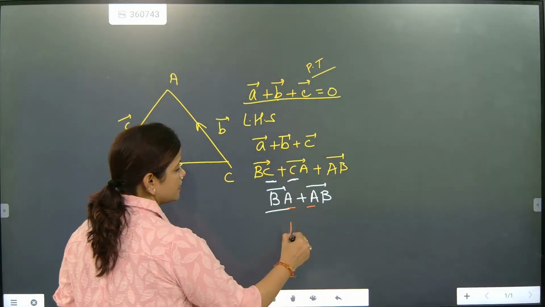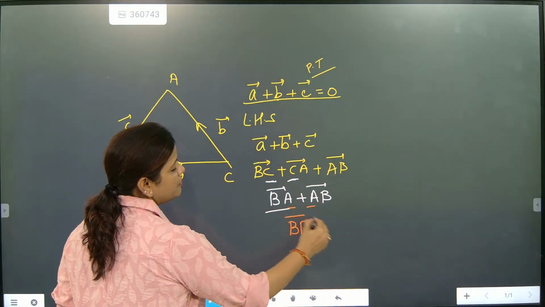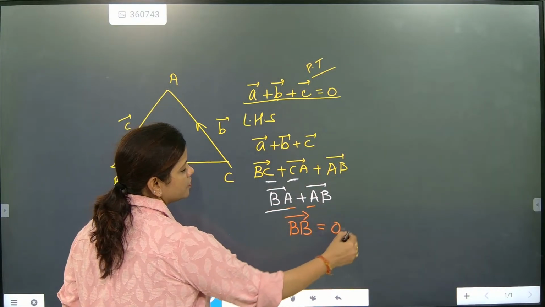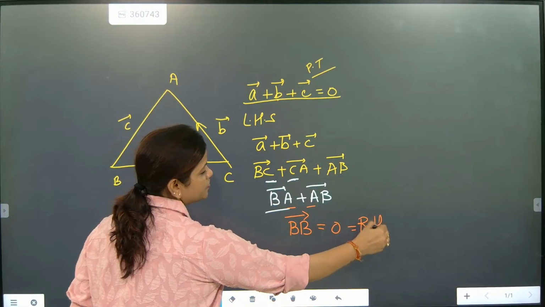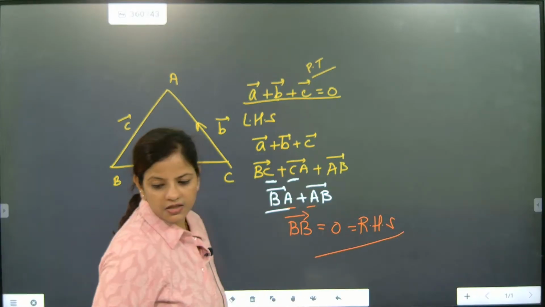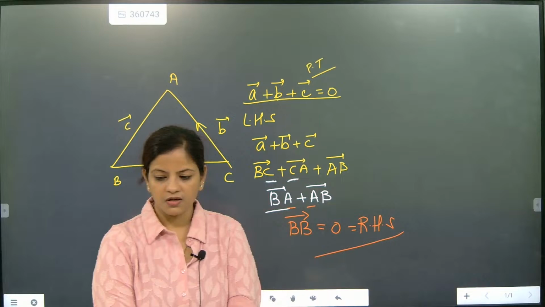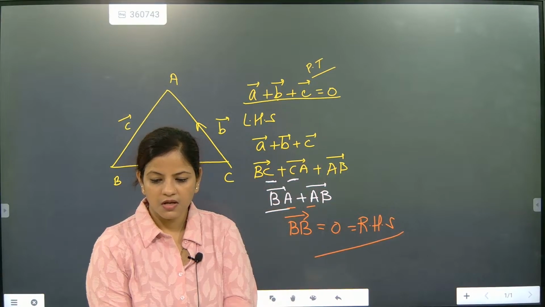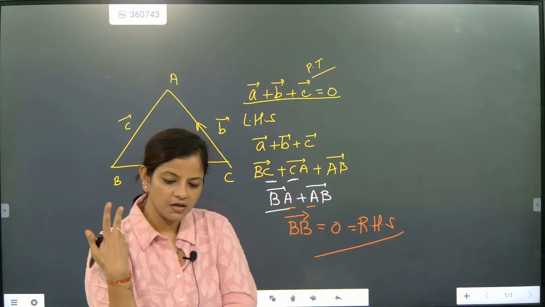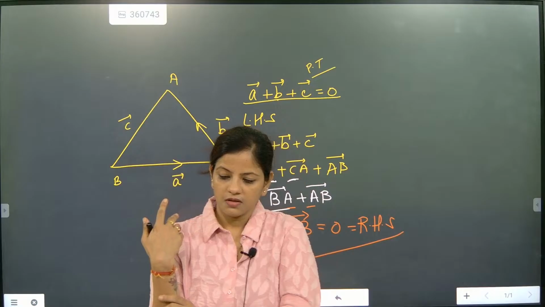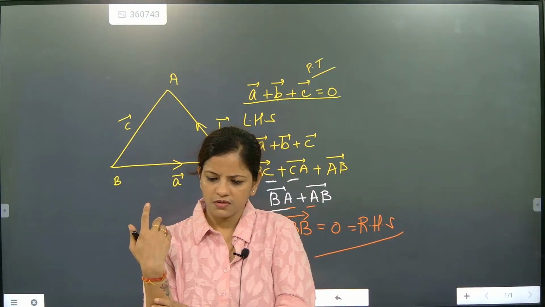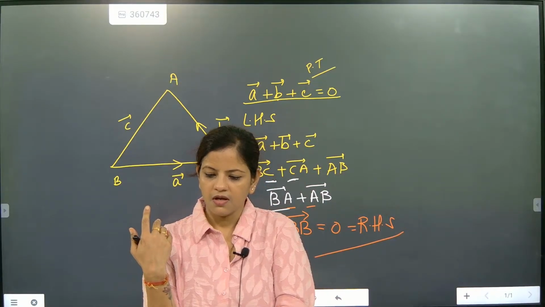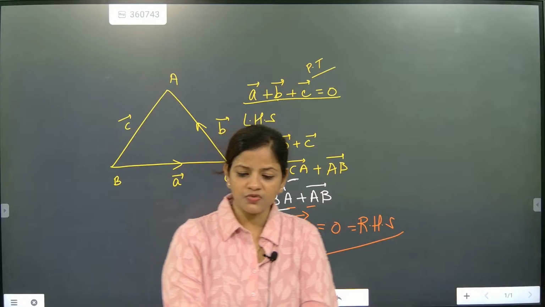BB vector. BB vector is nothing but 0, and that is equal to RHS. I just wrote in the shortest way to finish it.